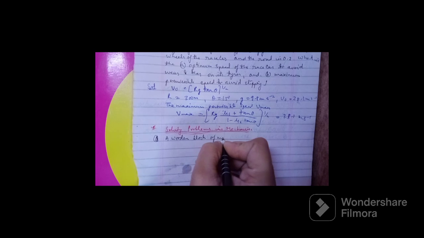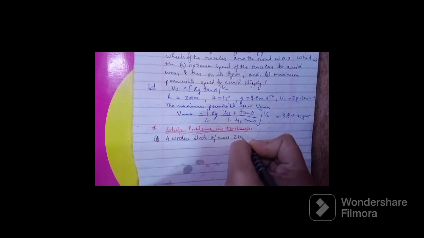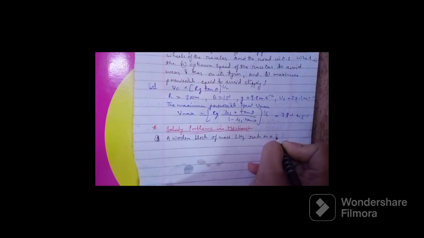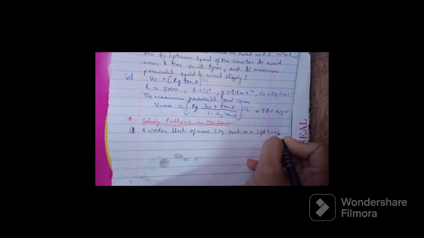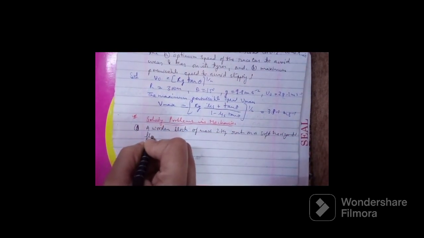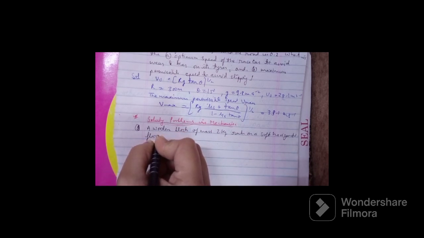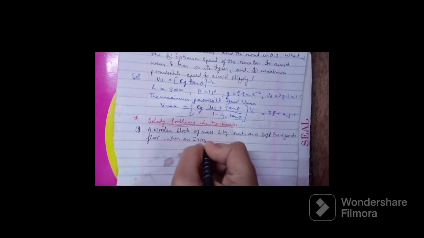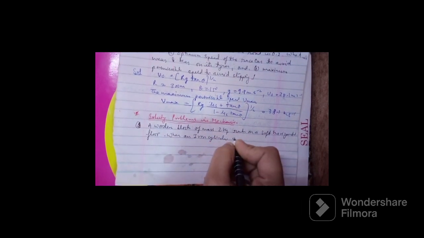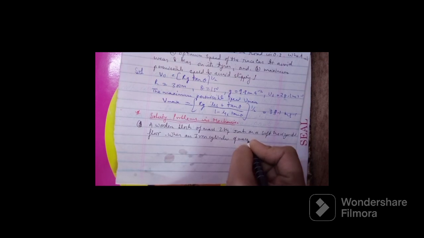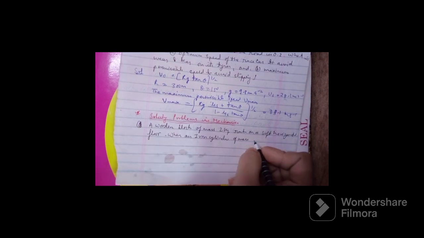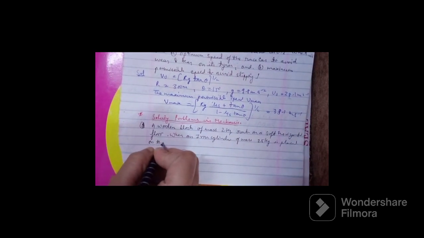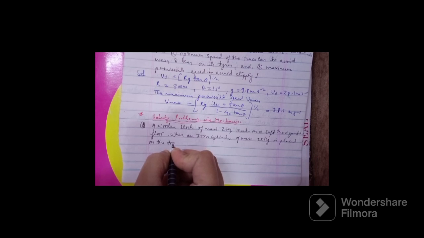A wooden block of mass 2 kg rests on a soft horizontal floor, when an iron cylinder of mass 25 kg is placed on top of the block.